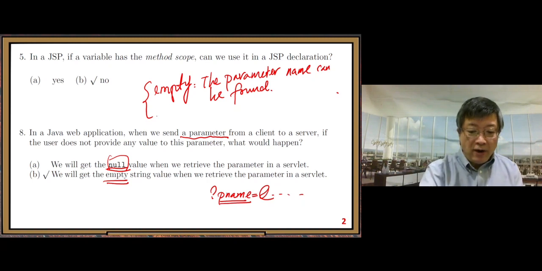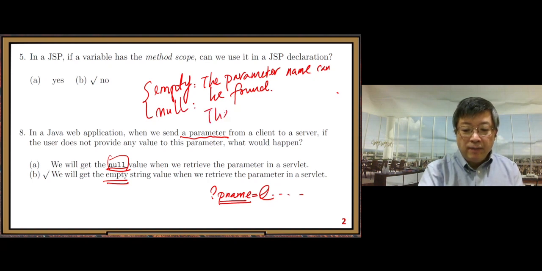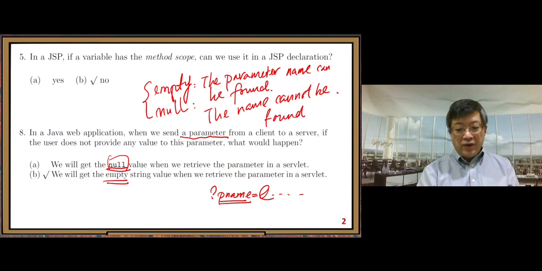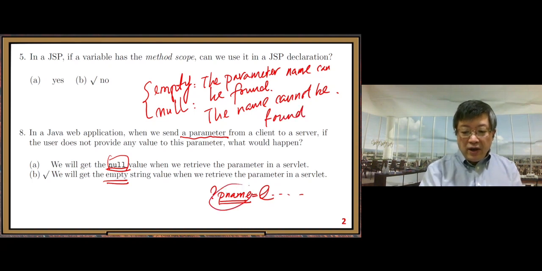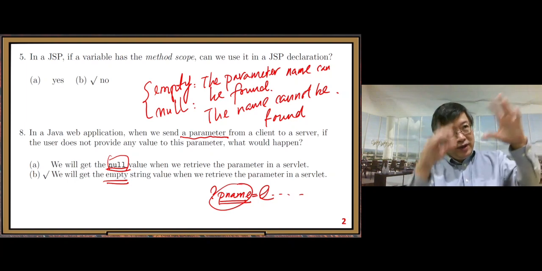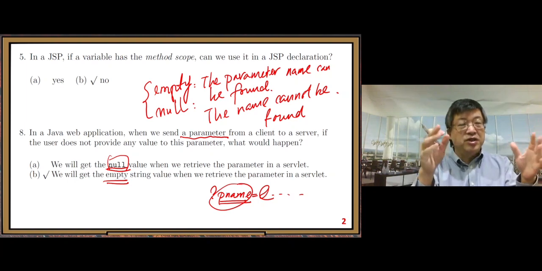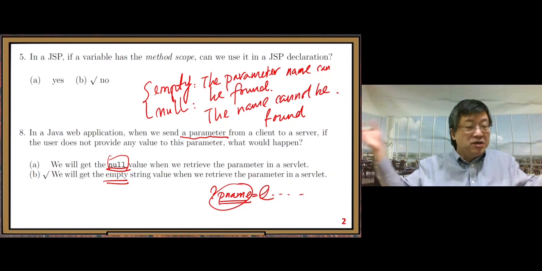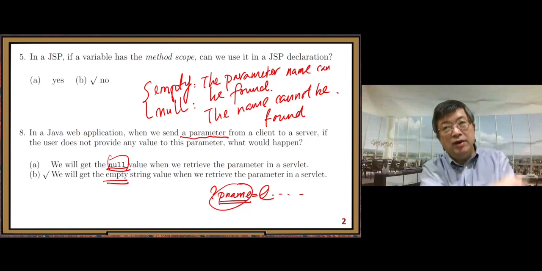So what is the null value? The name cannot be found. When you send data, anywhere in the HTTP request, there is no place where you can find such a parameter name.